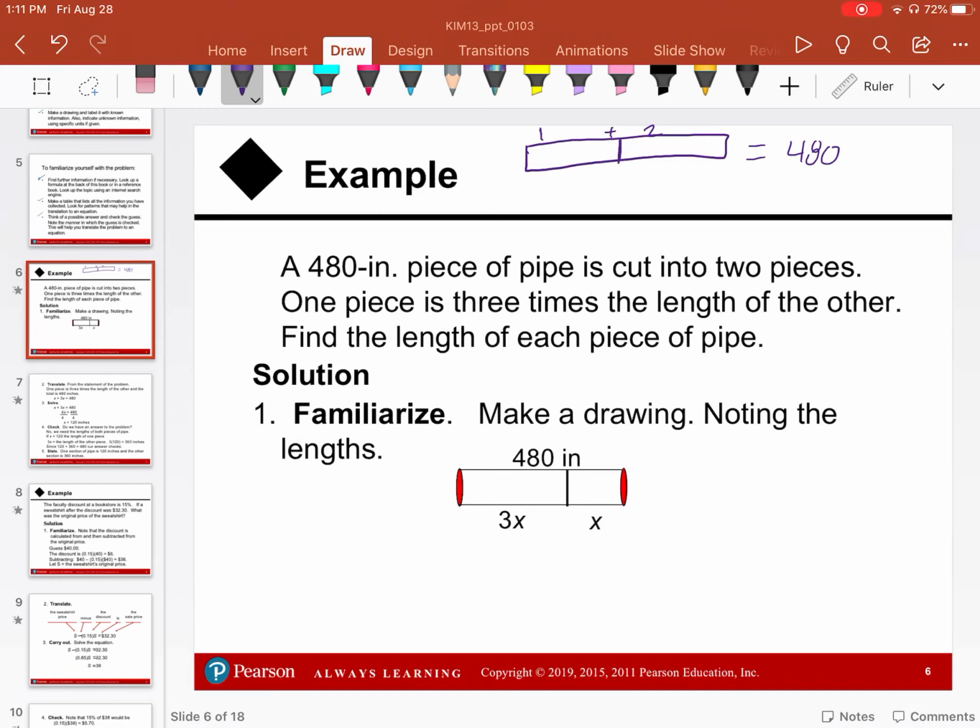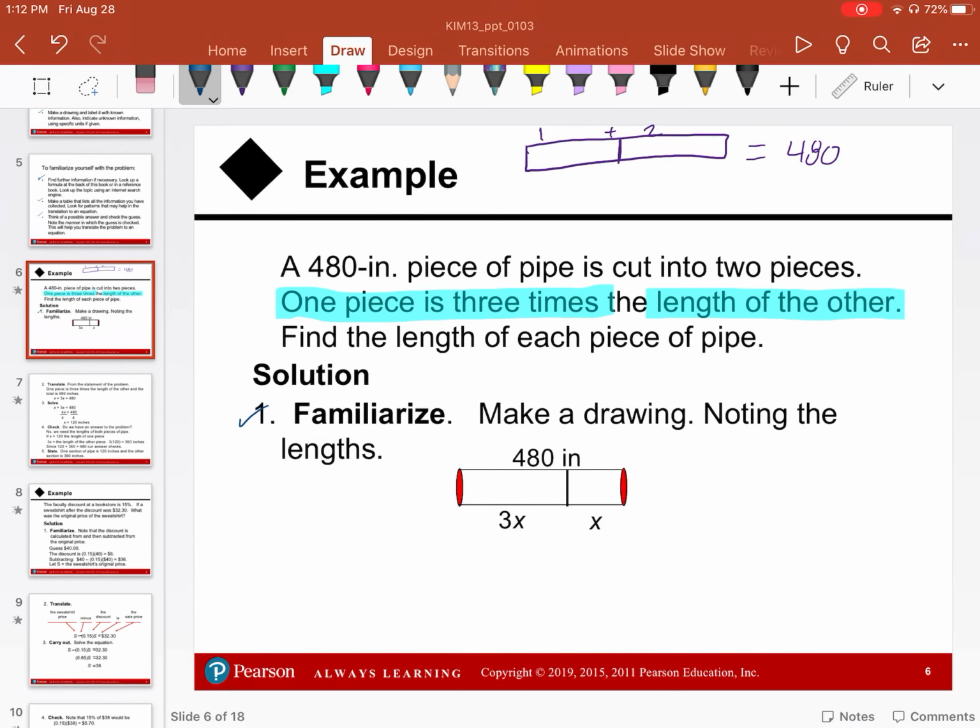Okay, now let's talk about what it's telling us. It says that it's cut into two pieces and one piece is 3 times the length of the other. So our two pieces are the other and one that's 3 times the other. All right, let's familiarize ourselves with the problem.